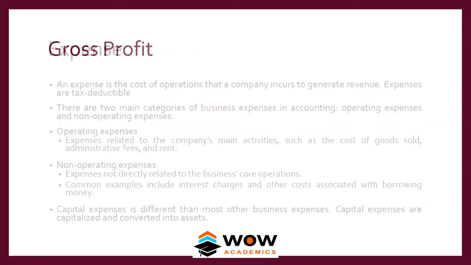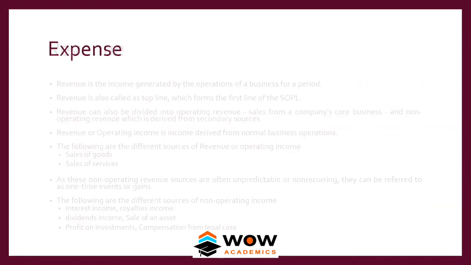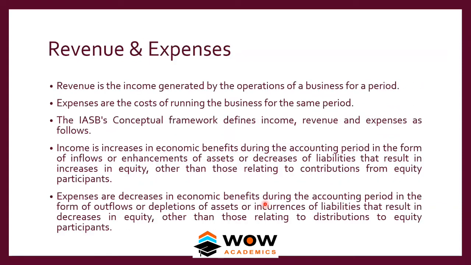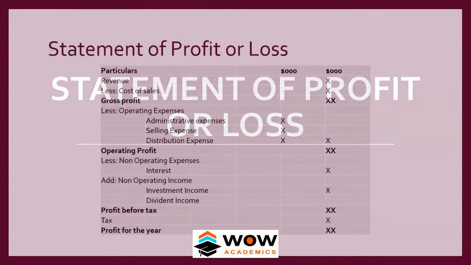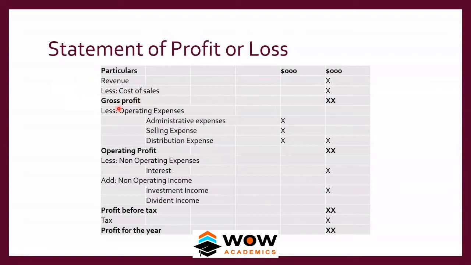So you could see here, if this level itself is a gross loss, still there are expenses. There is an expense here, and an expense here. These are higher levels of expenses.